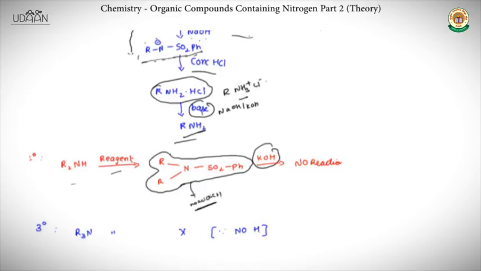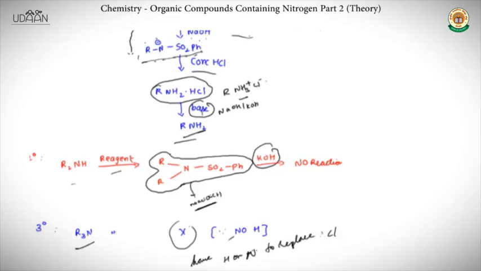Now if you take a tertiary amine, say R3N, and add this reagent, the reaction won't proceed at all, because you need to have hydrogen on nitrogen to replace this chlorine.